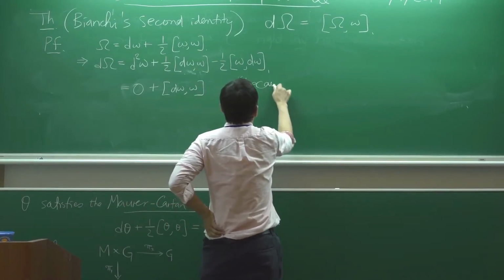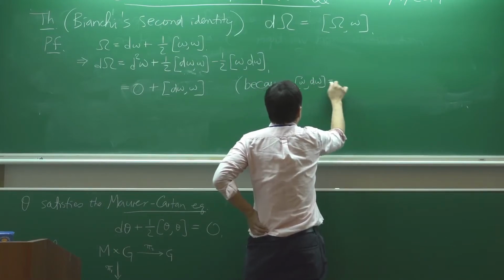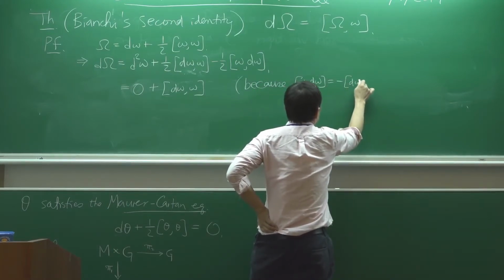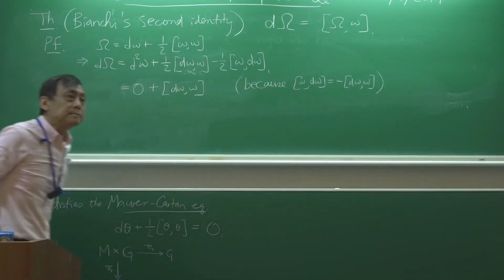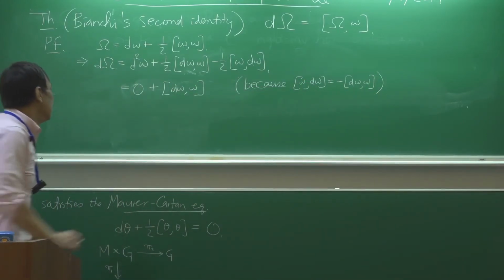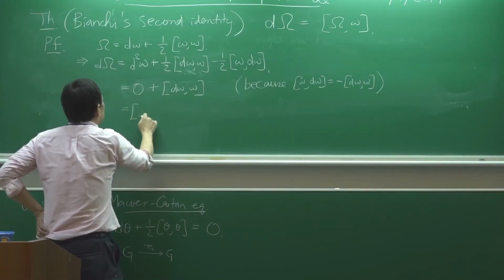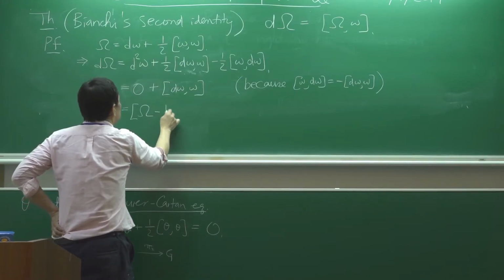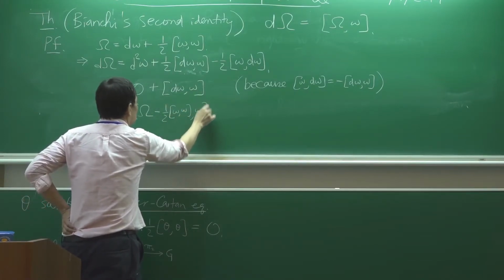Therefore, this is the negative of this, and so these two terms combine to give you this. Because omega d omega is minus d omega omega. And then d omega is the curvature minus 1/2 bracket omega omega.